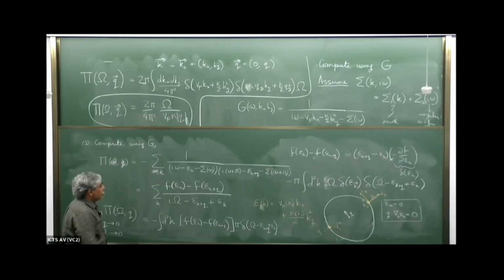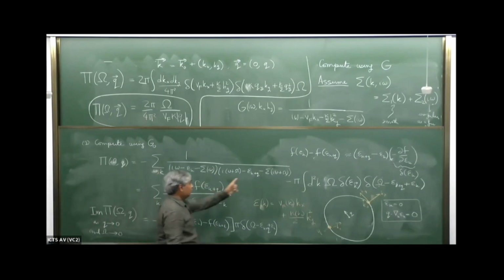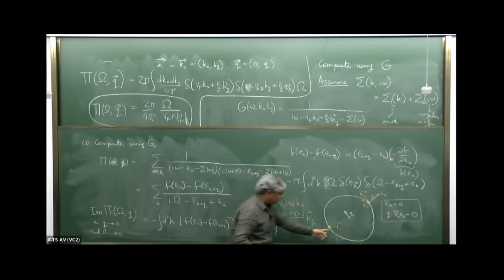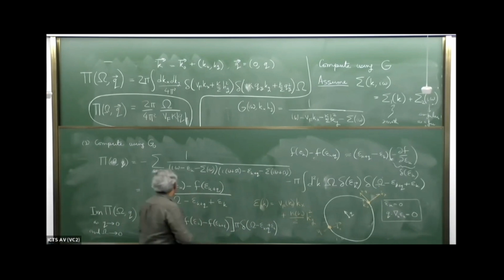There should be an imaginary i in front of that. Sorry. Then what I can do is expand this near the point k0. I can do a similar calculation near the point minus k0. That'll just give me a factor of 2.